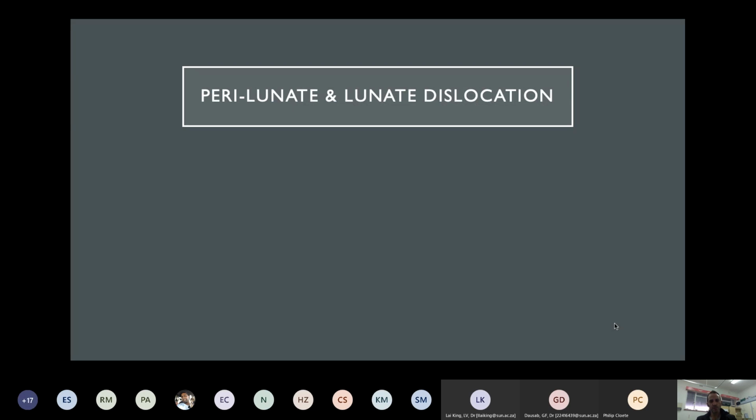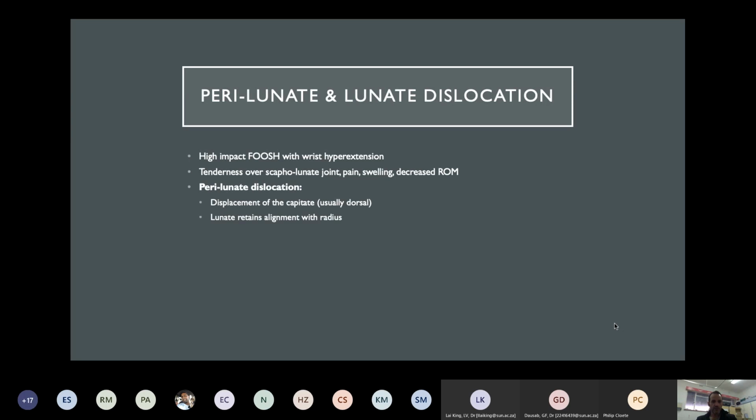So perilunate and lunate dislocations are discussed together because the X-ray findings are very similar and the mechanisms of injury are quite similar, and they're managed in relatively the same way. These are also due to high impact fall on outstretched hand with wrist hyperextension. Again, tenderness of the scapholunate joint, pain, swelling, decreased range of motion. With a perilunate dislocation, what that means is dislocation of the capitate.